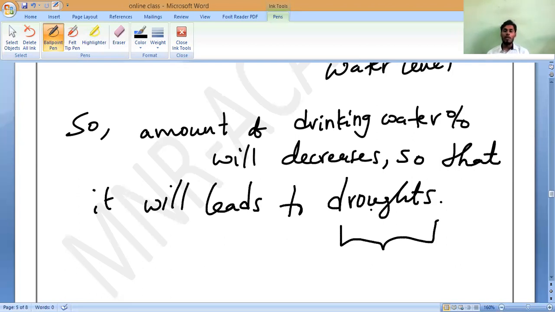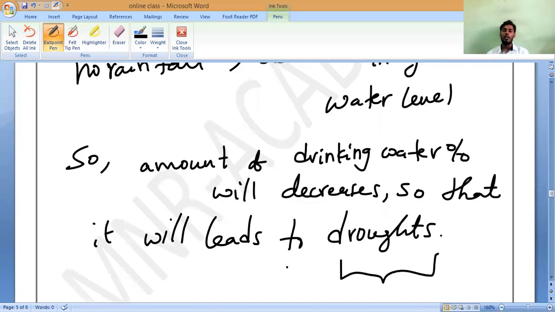So that is why, if there are no plants, no proper rainfall, no proper amount of drinking water, the groundwater level will fall, and it will lead to droughts. Do you understand, Pradosh, Johan? Yes, sir. Chaitanya, Shruti, do you understand?